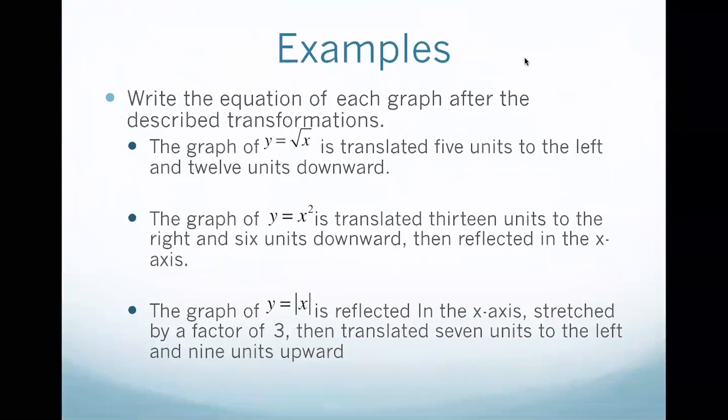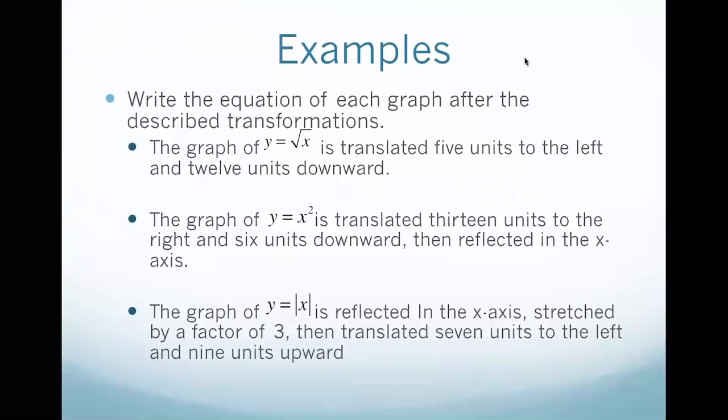We can also go the other direction. They can give us a parent function and ask us to write the equation. In this case, it says it's translated 5 units to the left and 12 units downward, and we're doing a square root function. So we'd have y equals the square root. 5 units to the left would give us x plus 5 and down 12, and that would be our function.